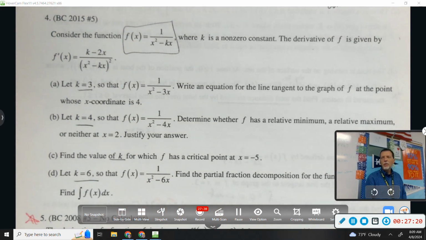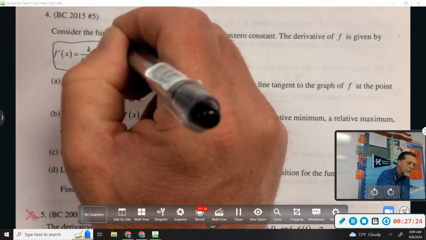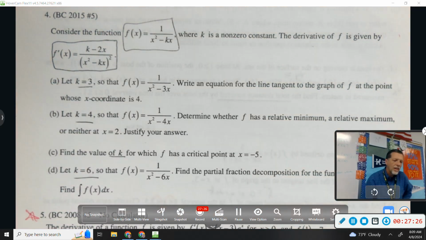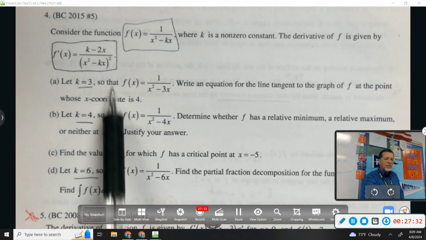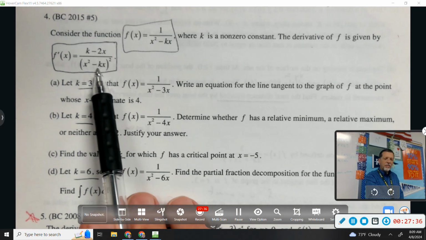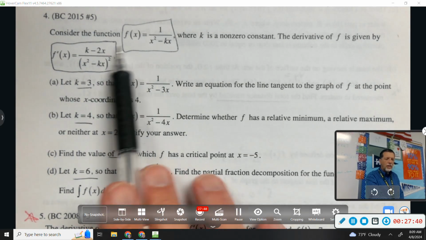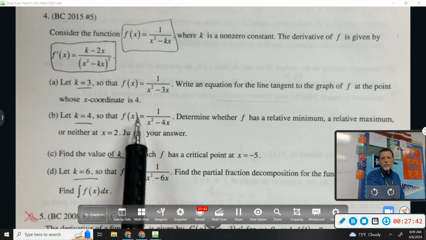So that's kind of a weird one. You keep going back to that. This one is heavy on the concepts as opposed to the finding a derivative because it already found the derivative for you and it never asked for anything more than that. So they've done the hard part for you.